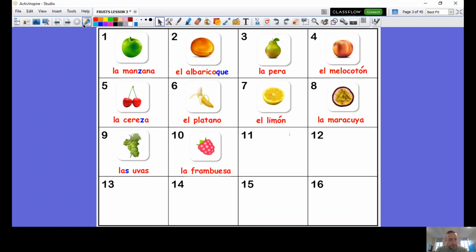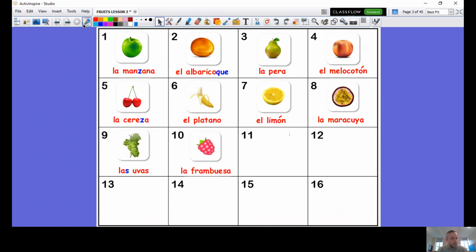Serious face for number 6, the banana. El plátano. El limón. La maracuyá. Las uvas. La frambuesa. Muy bien, those are the 10 fruits we've learned.